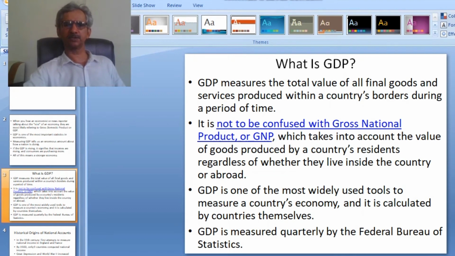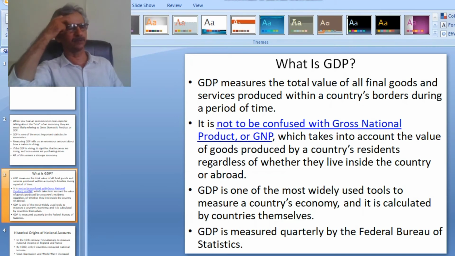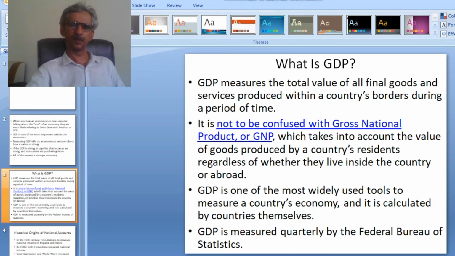So GDP measures the total value of all final goods and services produced within a country's borders during a period of time. And it is not to be confused with the GNP. GNP means gross national product. It is the production of the citizens of that country, whether they are working within the borders or earning outside the borders.